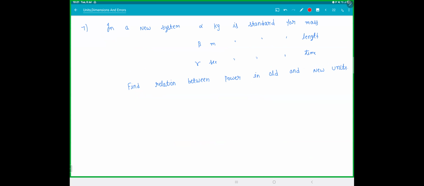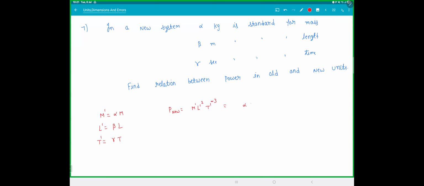What is the answer for this? Alpha beta square, right, Arya. Right, Samyak. Yeah, most of you got it. Same story. So what is the new unit? M dash will be alpha M, L dash is beta L, T dash is gamma T. So new power will be M dash L dash square T dash minus 3.